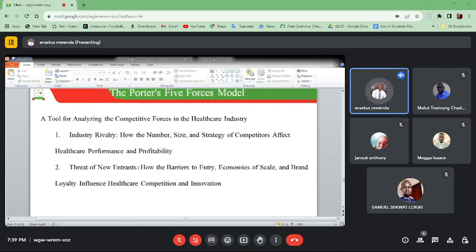Now we have what we call the Porter's 5-force model. And this tool is very important in terms of analyzing competitive forces in healthcare. This model was developed by somebody we call Michael Porter. He was having discussions around competitive forces in the healthcare industry.